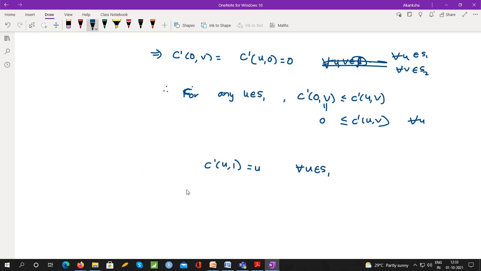Again, because the function is increasing in individual arguments, I can write C prime u1 is less than or equal to C prime 1 1 for every u in S1, because 1 is the largest possible element. And in general, I can also write C prime uv is less than or equal to C prime u1, because v is always less than or equal to 1, so it is increasing in v also.